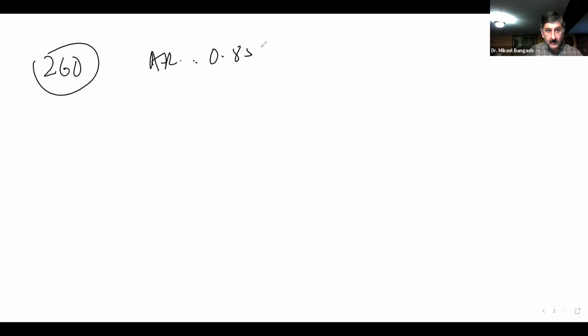Question 260. The axial resolution of an imaging system is reported to be 0.85 millimeters at the beam's focus. What is the closest estimate of the system's radial resolution at a location 5 centimeters deeper than the focus? Okay, guys, now look here.